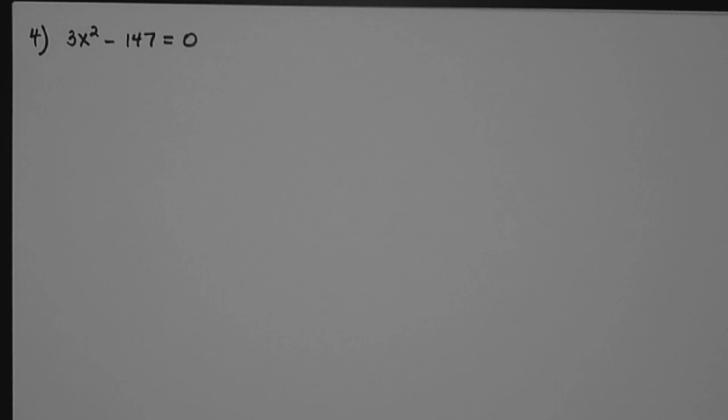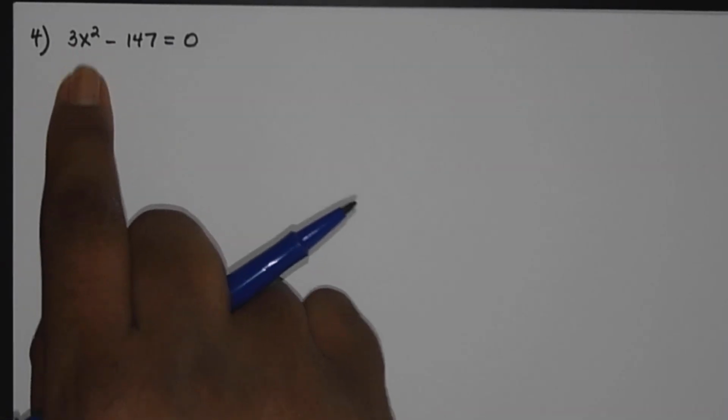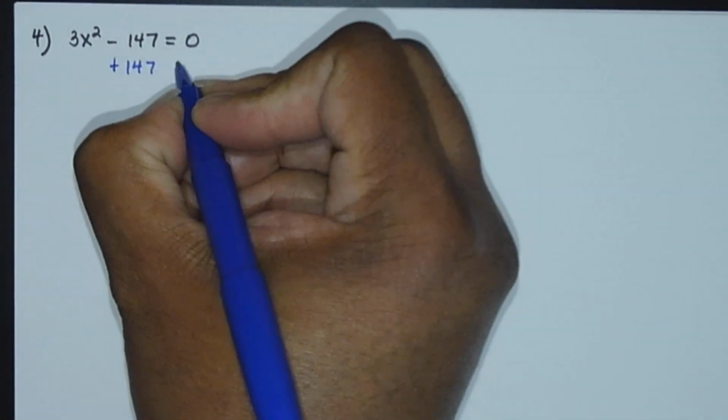And we're solving this quadratic equation. And in this case here, you're told to use the square root property. So in this case here, I need to get x squared by itself. And how will I do that? Add 147 on both sides.